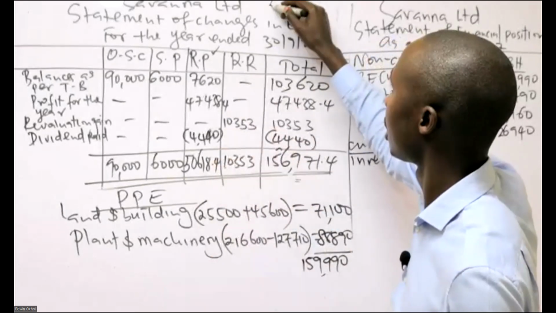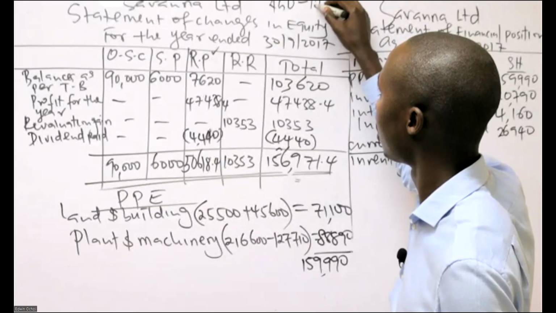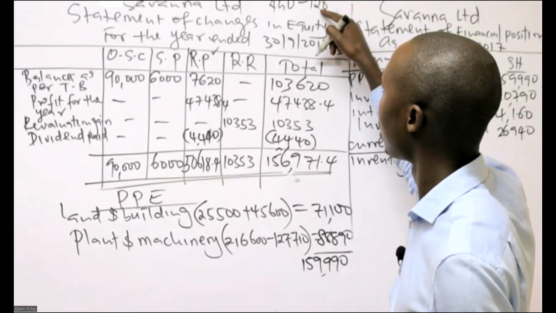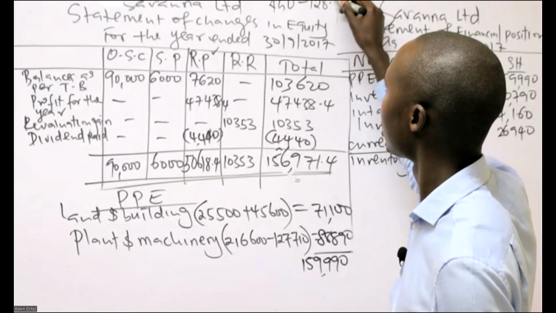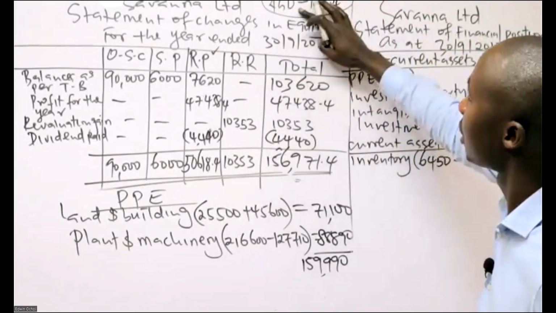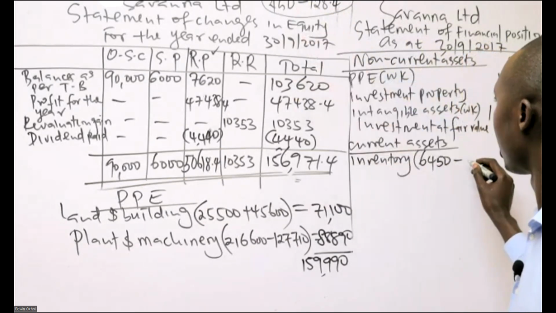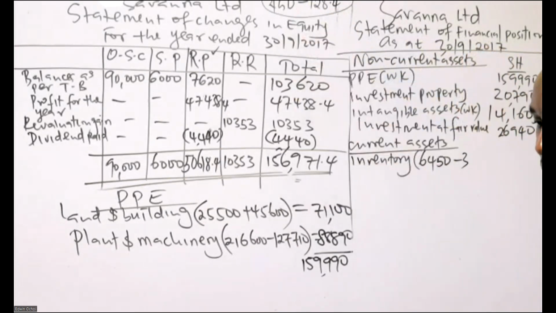Remember that it was stated at 450. Then it was written down by 126. It was disposed at a loss. So the loss affected cost of sales, so we need to reduce here. It was 321.6.